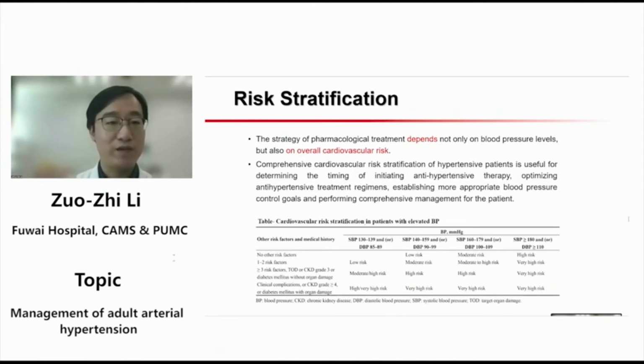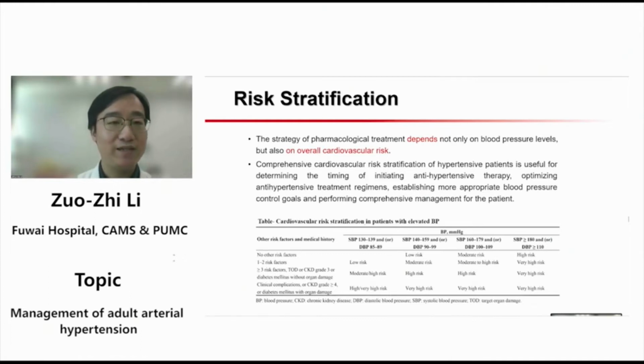We should comprehensively evaluate the cardiovascular risk stratification of hypertensive patients so as to determine the timing to initiate the antihypertensive therapy, to optimize our treatment regimen, to establish a more appropriate blood pressure control goal, and to perform comprehensive management for the patient.